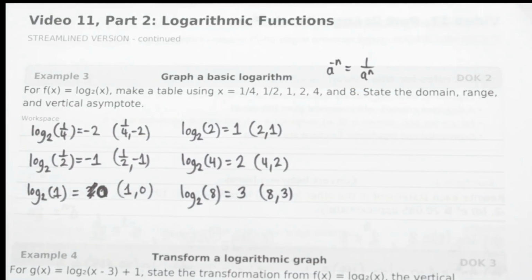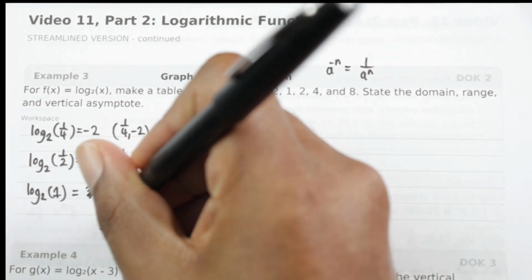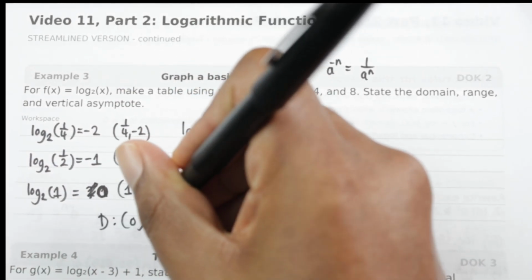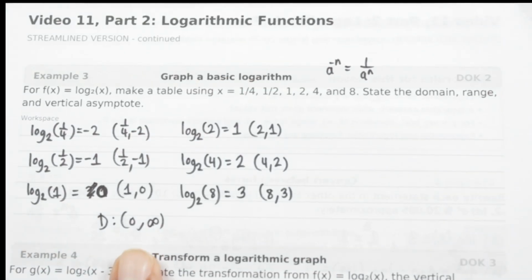Now, it says state the graph features. A logarithm function only accepts positive inputs, okay? As we mentioned earlier, the domain is 0 to infinity. Only positive inputs.